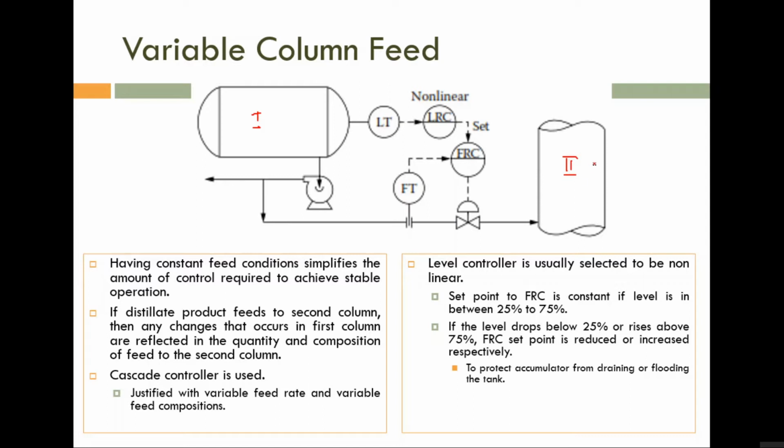So you can see that the liquid distillate of the first distillation tower is fed into the second distillation tower, means the liquid distillate or the product of the first distillation tower is taken as the feed of the second distillation tower. So please note down this diagram. This one is known as variable column feed.